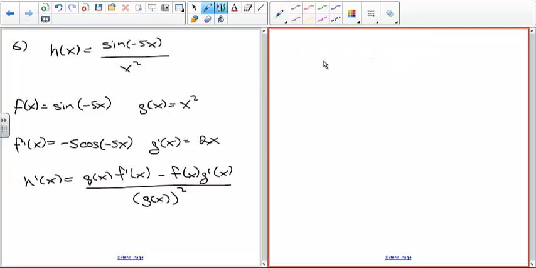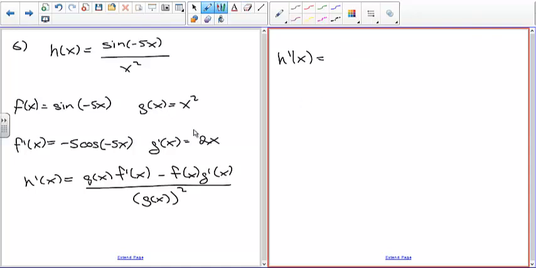So if we plug in what we have, h prime of x, g of x is 2x, f of x is the sine of negative 5x, then we have f of x, which is, wait a second, just did that wrong, did I? Yeah, I did it the wrong way.